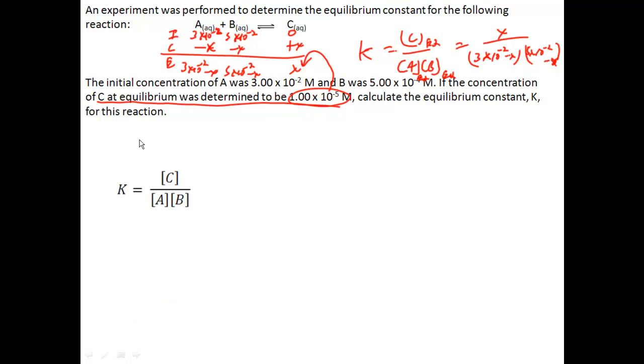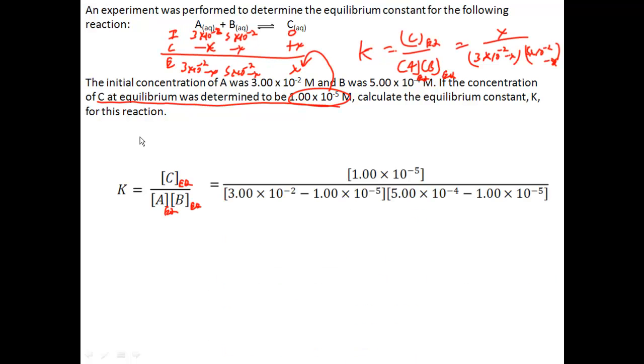So we know K is equal to the concentration of C over the concentration of B times the concentration of A. So these are all your equilibrium values. Well, we were given the concentration of C at equilibrium. That's 1 times 10 to the negative fifth. That was given to me. We know that A is 3 times 10 to the negative second minus the X, which in this case is the concentration of C at equilibrium.